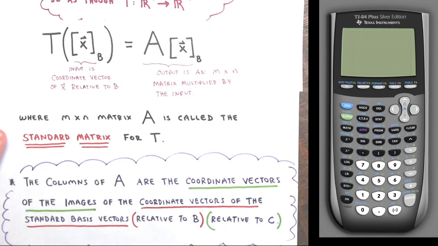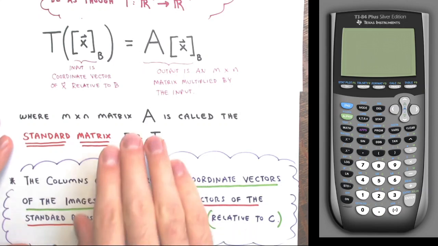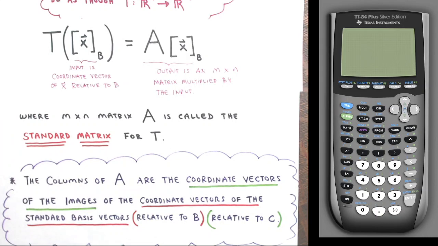So the columns of this standard matrix are the coordinate vectors of the images relative to C, underlined in green and in parentheses in green. So the images of these red guys, the coordinate vectors of the standard basis vectors relative to the standard basis. The images of these, I write the coordinates of those relative to C, and those give me the columns of A.